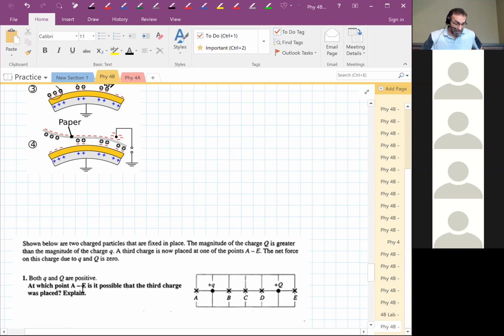Okay, so number one here says, at which point is it possible to place a third charge such that its net force is 0?